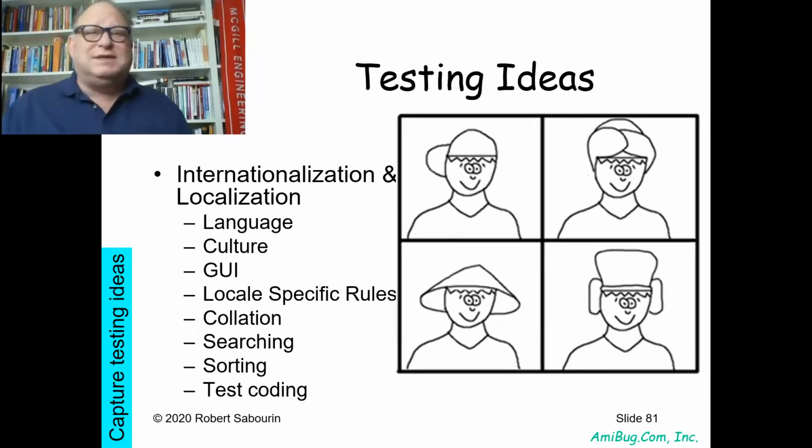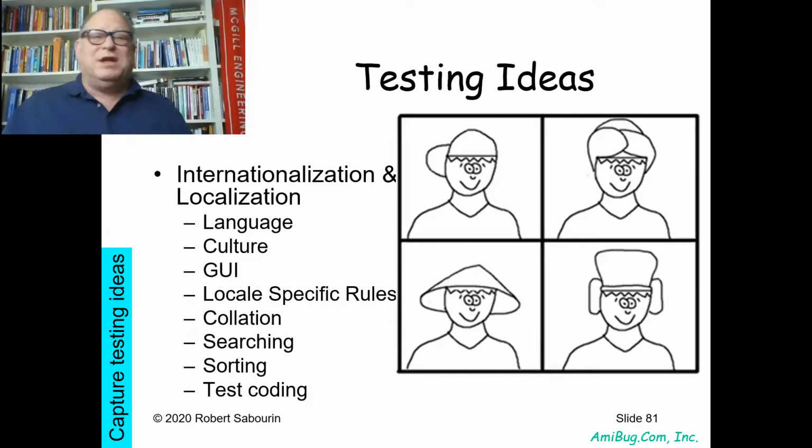A bunch of test ideas can come from the universe of internationalization and localization. I get a kick out of some of these types of test ideas, because if you're used to writing software just for your own locale, then you sort of get shocked the first time. You say, oh my God, I've got to get the software running around the world.